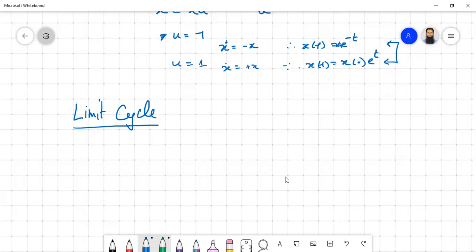This magnitude is not dependent on some other parameter; it will always maintain the same magnitude. These oscillations are known as limit cycles, or sometimes also called self-excited oscillation.